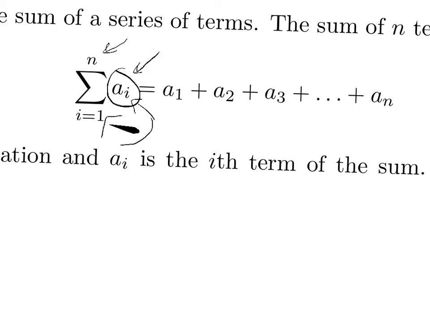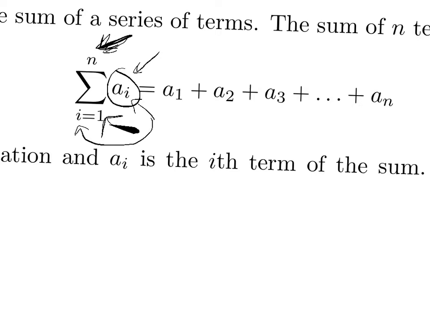Since i is the same letter that we see over here, our index of summation, what it means to apply this sigma notation is that we are going to add terms starting with i equals whatever is at the bottom, our lower bound, and we will increase by one integer increment until we reach n, our upper bound.